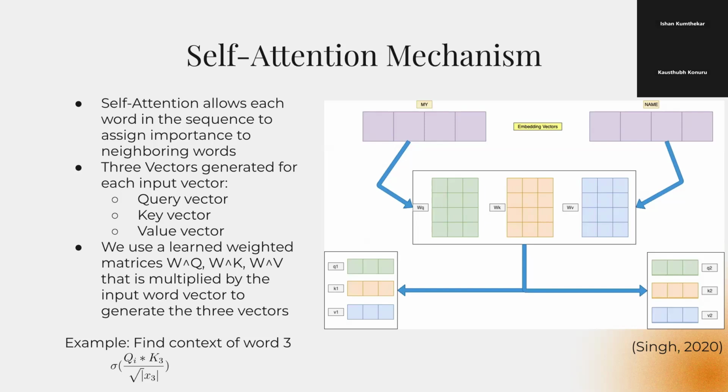So for instance, to find the context of word 3 with word 1, we use Q1 times K3. We then divide it by the square root of the size of the input vector to normalize the value. And then we apply the sigmoid function, which basically normalizes to between 0 and 1. And so it produces a value that represents the context of word 3 with the neighboring word 1, for example.